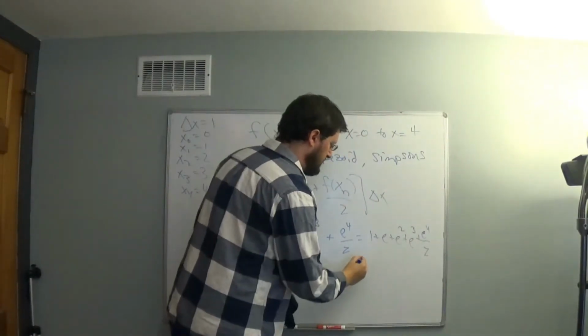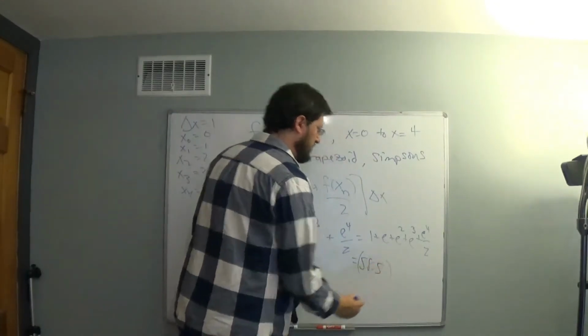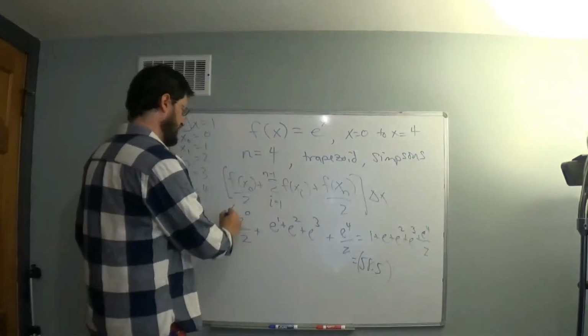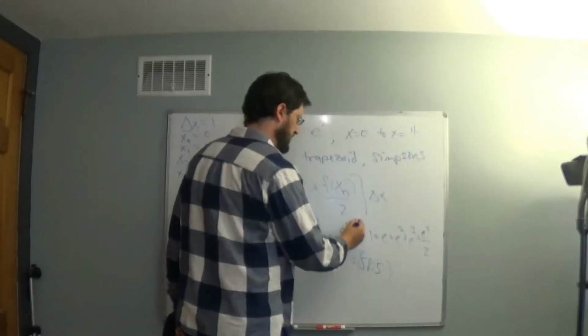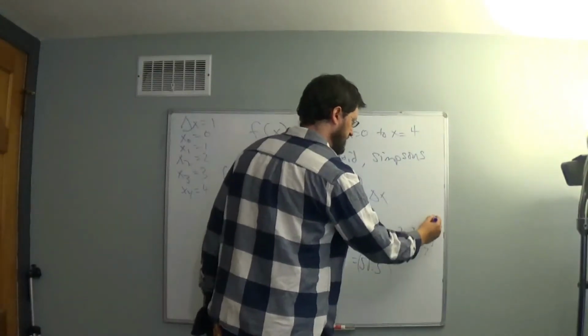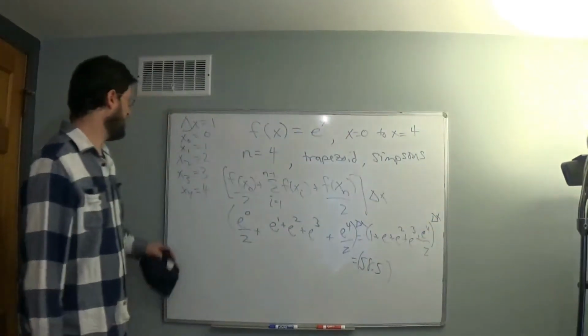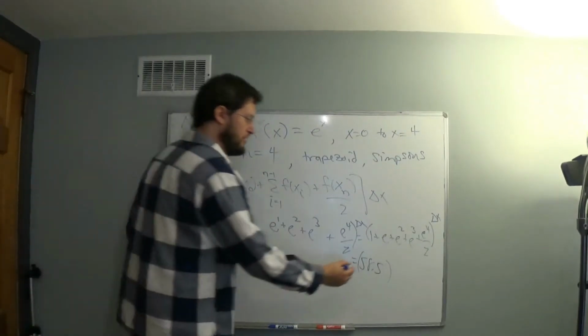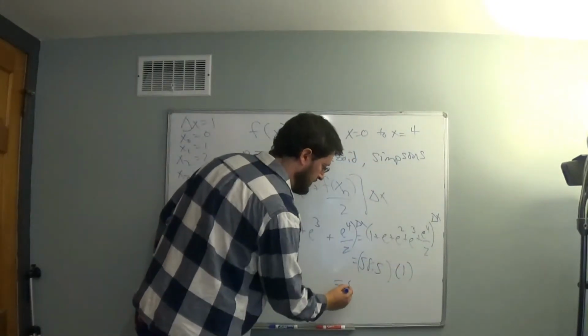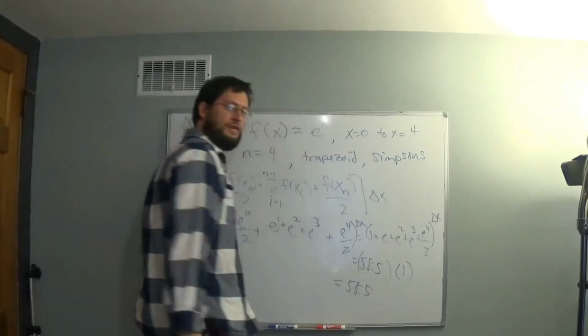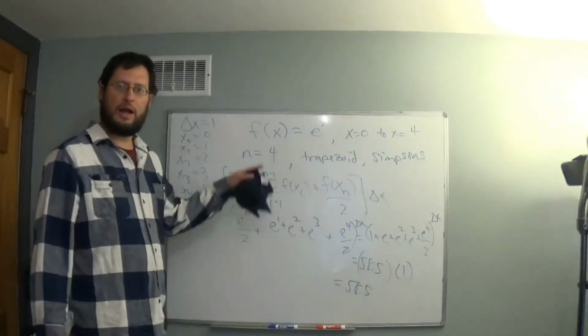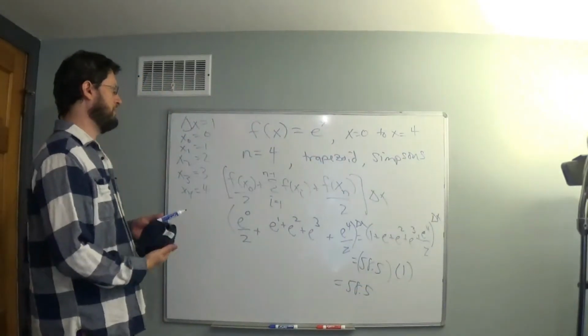So this is 58.5, but we also need to multiply by our delta x. So still times delta x. Delta x in this case is 1, so it doesn't change our result, but don't forget about that. That is 58.5 as our trapezoid approximation.